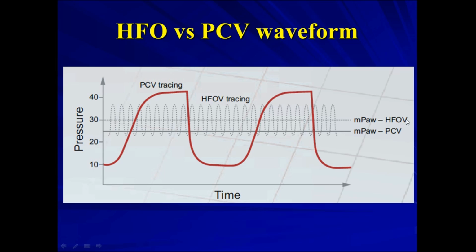In high frequency oscillatory ventilation, we can apply the mean airway pressure directly. You see we are applying a higher MAP here, and the ventilator will oscillate around this MAP, up and down, and that will still be less than the plateau pressure and higher than the PEEP level. So the ventilator is applying higher MAP with less overdistension and avoiding underinflation.